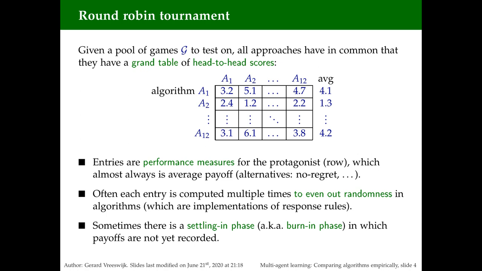But then the problem is, of course, when do you start to record the payoffs? With one master student I was discussing this, it was a recurring issue of discussion, that when to start recording is rather arbitrary and difficult to determine.